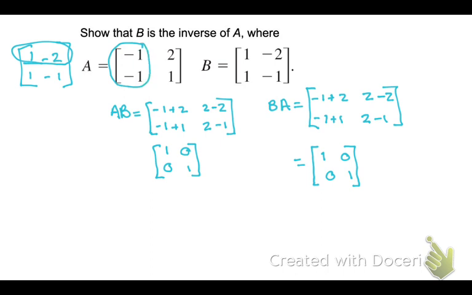I know, but you have two 2s. It's this times this, and then that times that. Okay. Row times the column. Right.